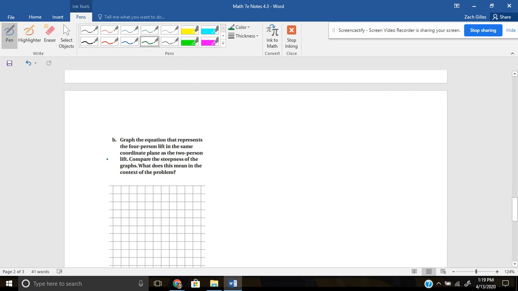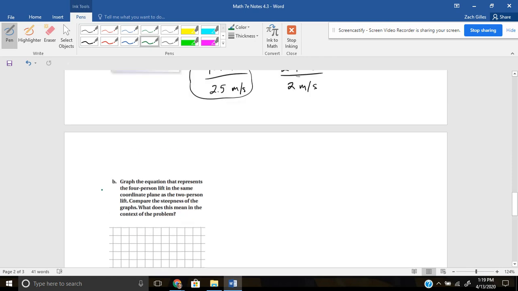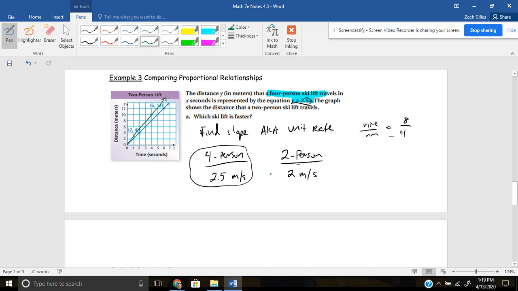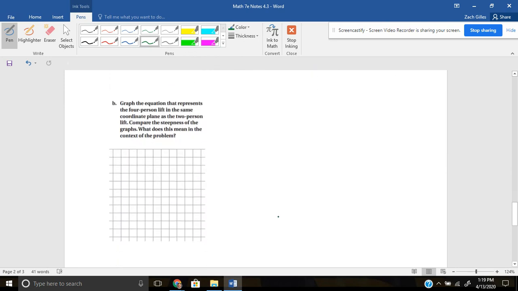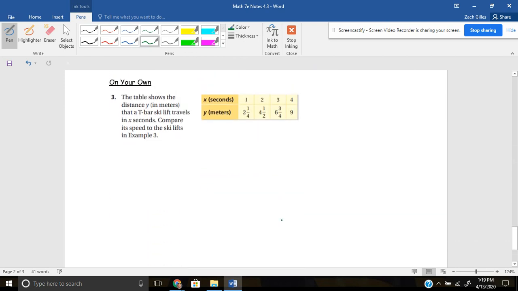Well, when you have a steeper line, that represents that it is going faster. A steeper slope means that your rate is changing more quickly. Okay? And we saw the same results as what we got when we looked at their 2 unit rates or their 2 slopes.